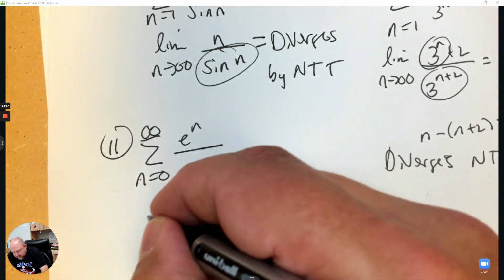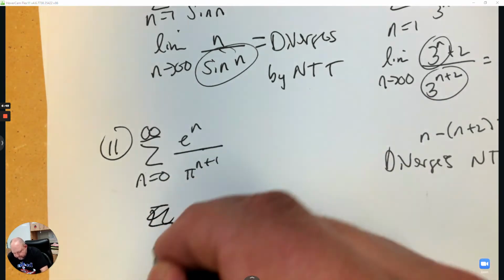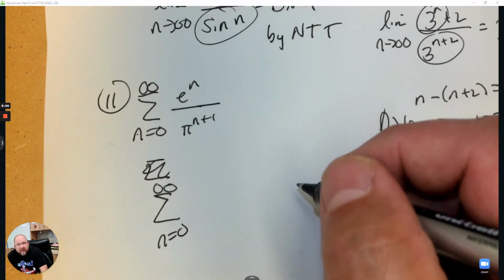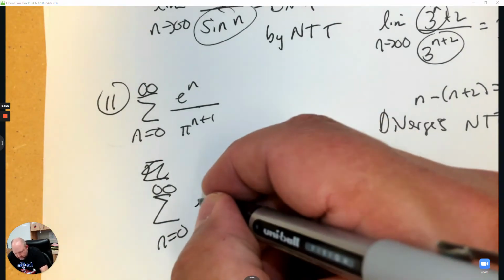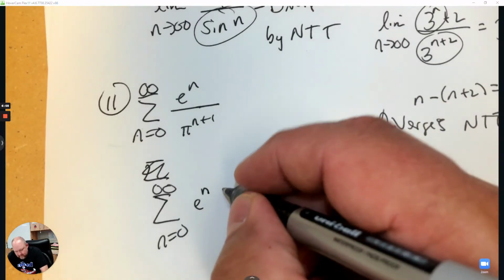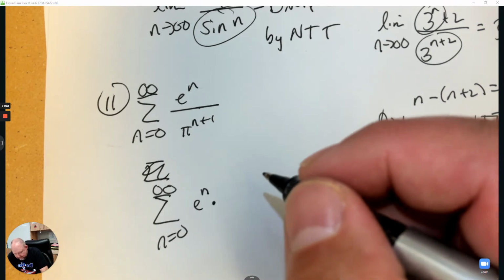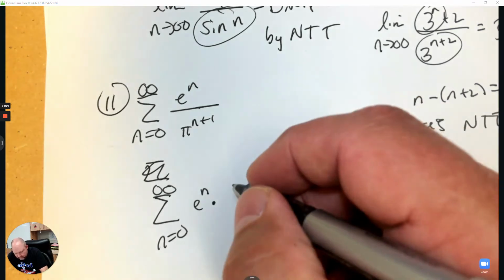Oh, okay. How about we write it like this? I was having a hard time seeing it at first, but if I rewrite it, e to the n is just a number, and then write down pi to the n plus 1.